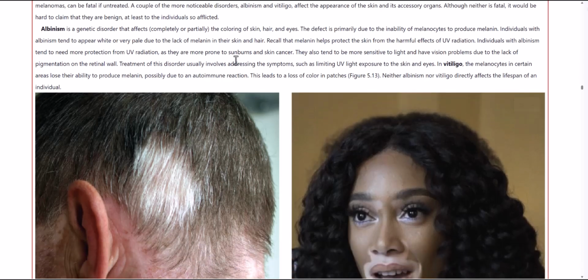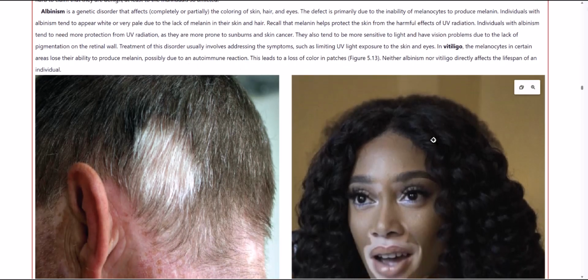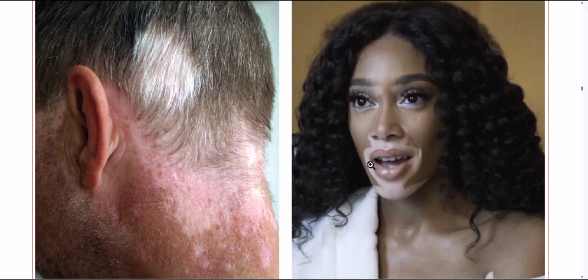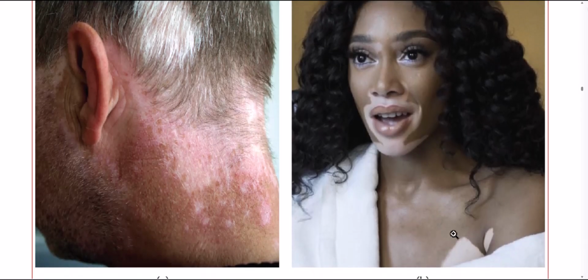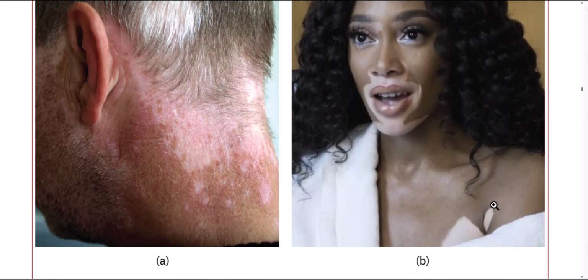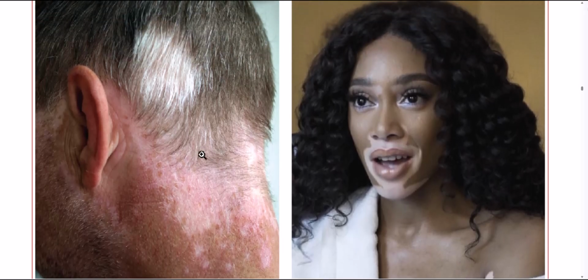And this is thought to be an autoimmune reaction, and that can lead to patches of color changes. And this is more obvious in people with darker complexions because the lighter color is more pronounced. But we can see this happening also in hair and skin, even in people with lighter complexions.